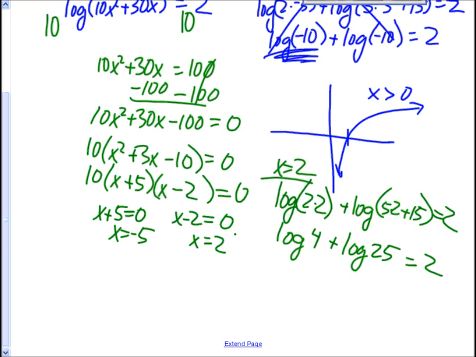And you punch in log of 4, you punch in log of 25, you add those two together. Log of 4 is 0.602. Log of 25 is 1.398. Together that equals 2. Check mark, perfectly.